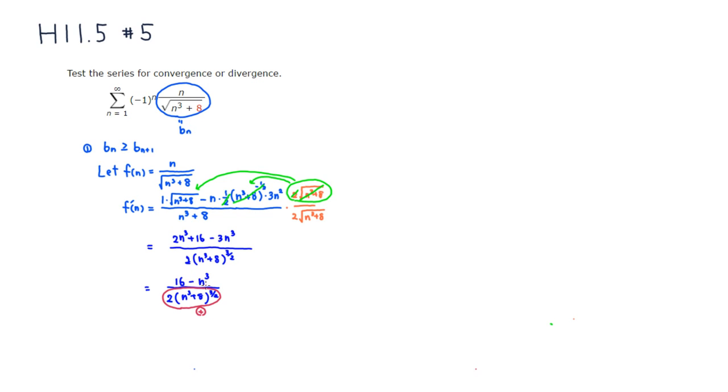But starting from n equals 3, 16 minus 27 is negative. So this is definitely negative starting from n greater than or equal to 3.